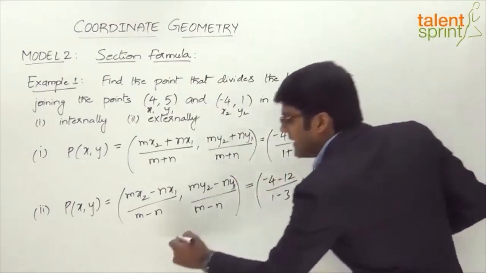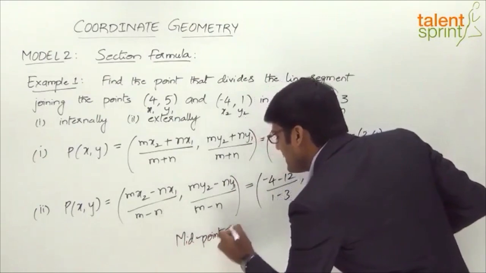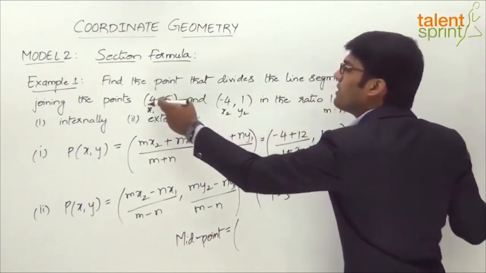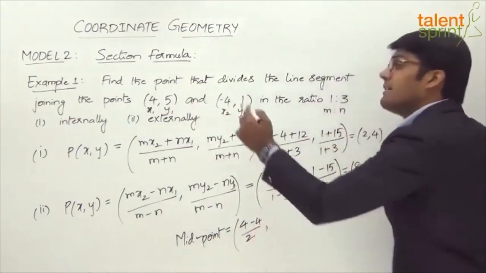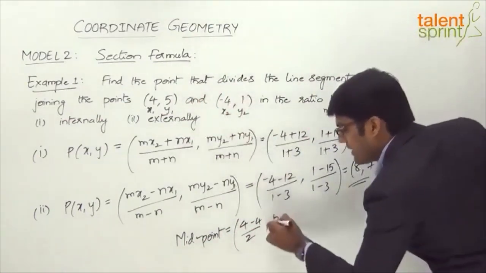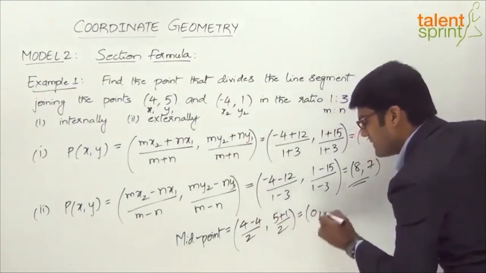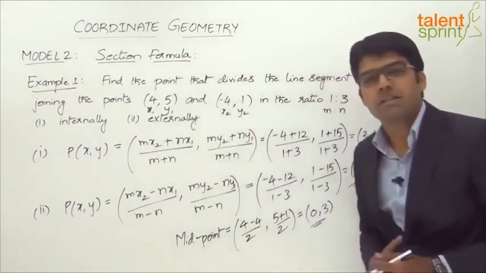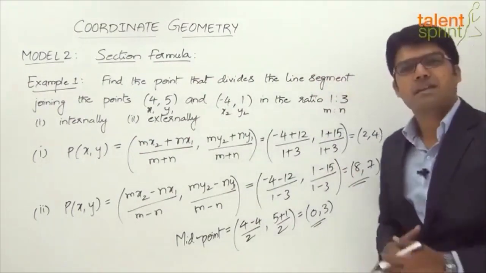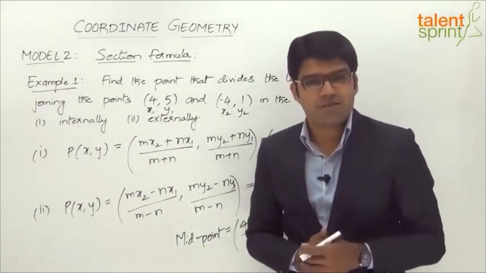So that midpoint can be calculated as 4 minus 4 by 2, and 5 plus 1 by 2, which is equal to 0, and 3. So 0, 3 will be the midpoint of the line segment joining the points 4, 5 and minus 4, 1. So this is how we can easily answer the questions based on the section formula.